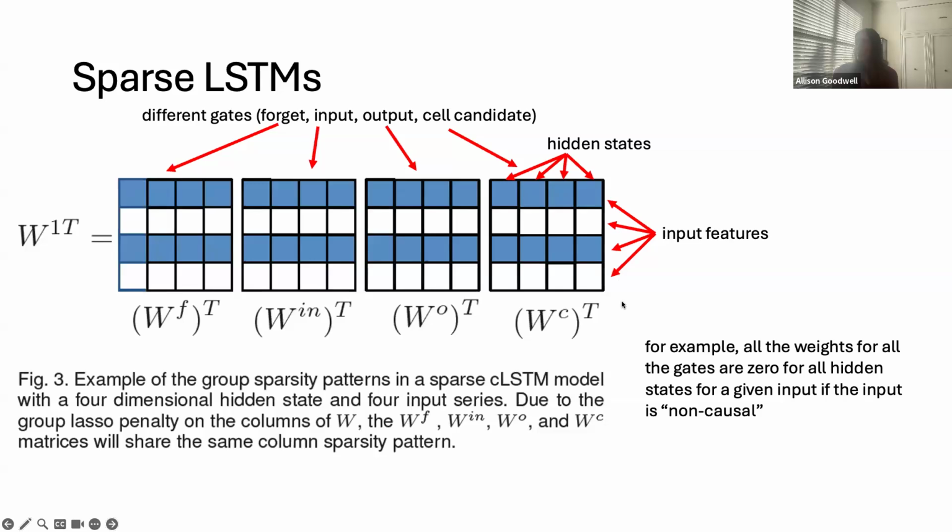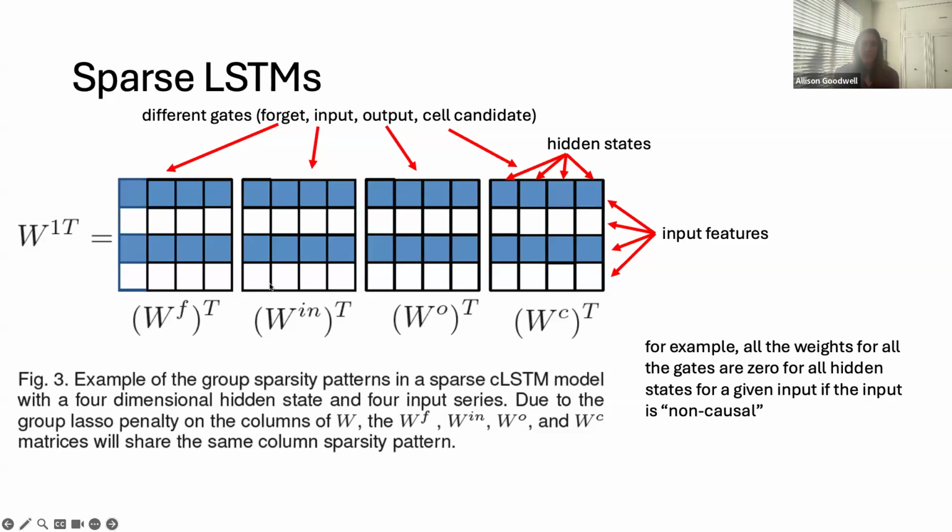So now the rows are input features, and the columns are hidden units. So we have 4 hidden states. And the way that the sparsity works here is that if an input is deemed non-causal, it should have 0 weights across all of these.